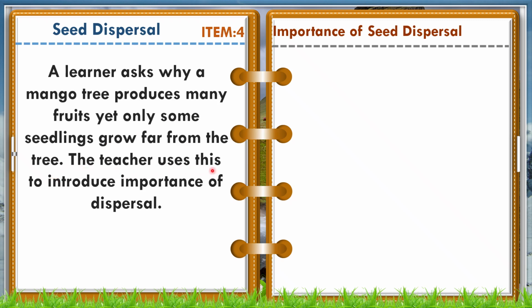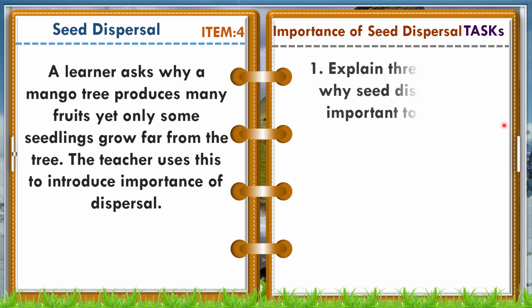The teacher uses this to introduce the importance of dispersal. Tasks. Explain 3 reasons why seed dispersal is important to plants.